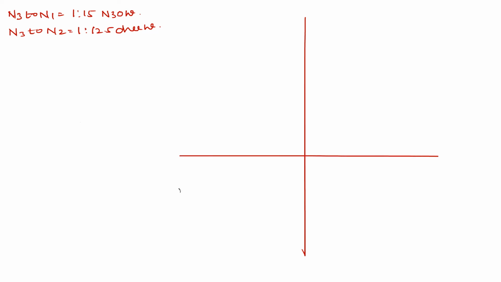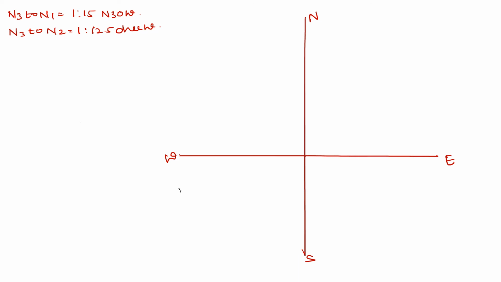So this is my north, south. I'll take mid bottom. This will become my east. So I'll mark this north, south, east and west. Now whatever has been given, let us plot that. We have north 30 west in the beginning, so let us plot north 30 west.